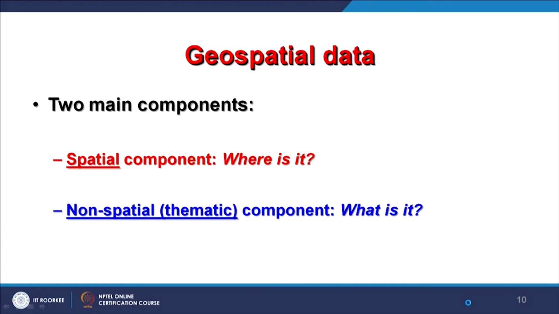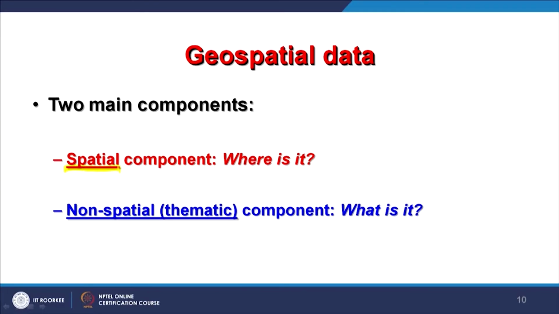I mentioned earlier, and I will very quickly cover these two points, that there are two main types of data which we handle in GIS. One is the spatial data, which has a geographic location, and we can answer the question, where is it? So, whenever there is a question related to location, that will come through spatial data.